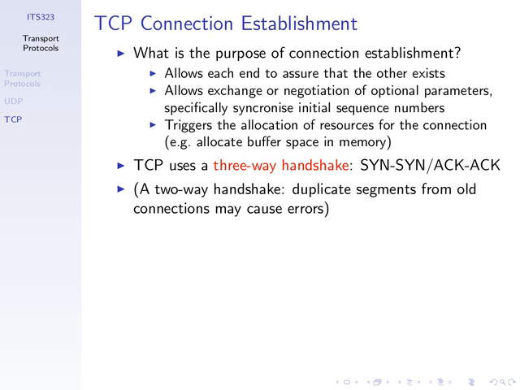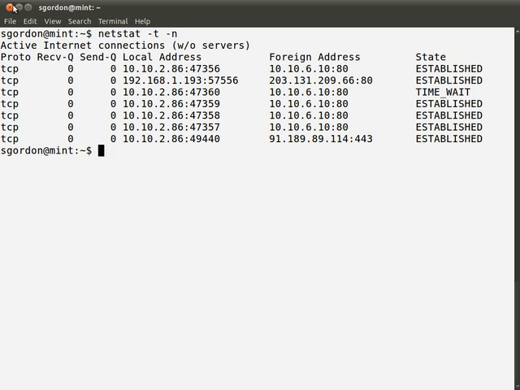TCP is connection oriented. We establish a connection, transfer the data, close a connection. When I showed you this, my computer had 7 connections at that point in time between different applications and different destinations.